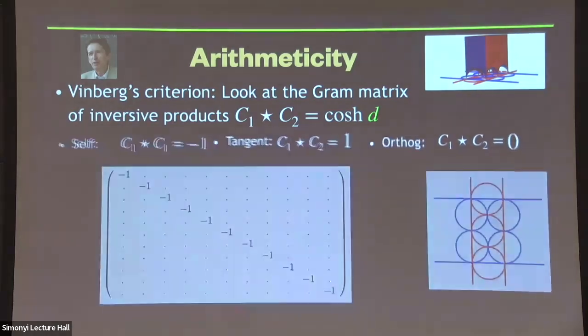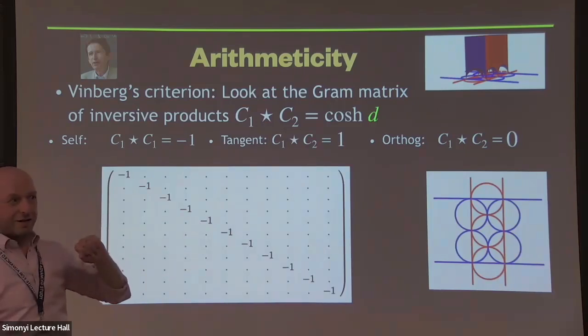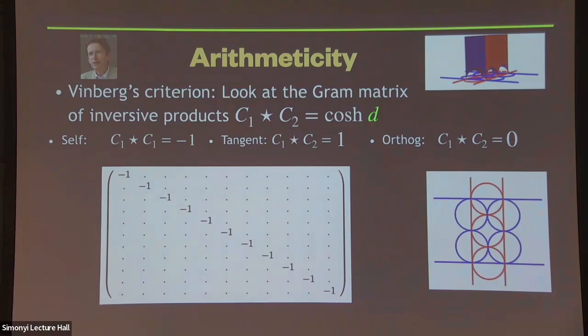And let's see how we can build up the Gram matrix of all of the inversive products of the circles in this geometrization. The first thing to remember is that we had 6 vertices in the triangular prism and 5 vertices in its dual, this triangular bipyramid. And so we're going to have 6 plus 5, an 11 by 11 matrix. The first thing I'm going to do is just record that there's -1s down the diagonal.